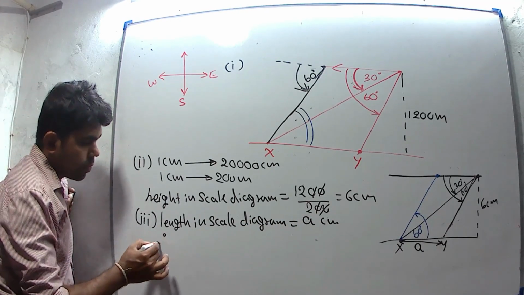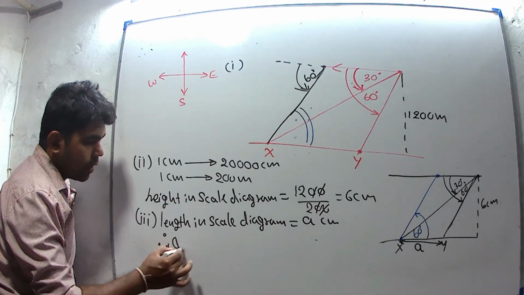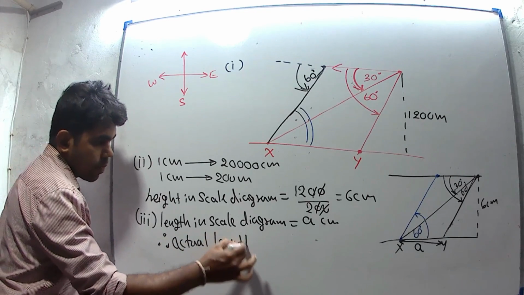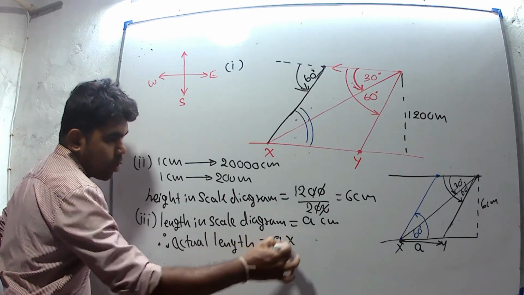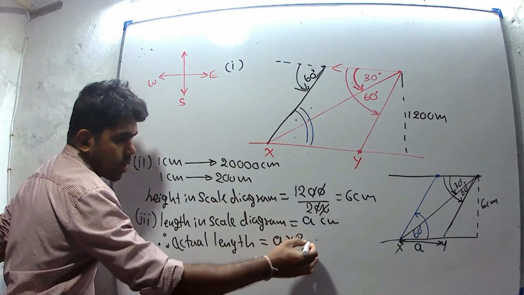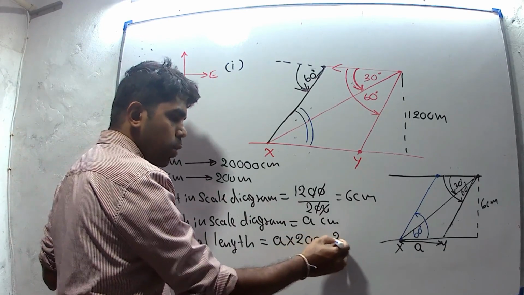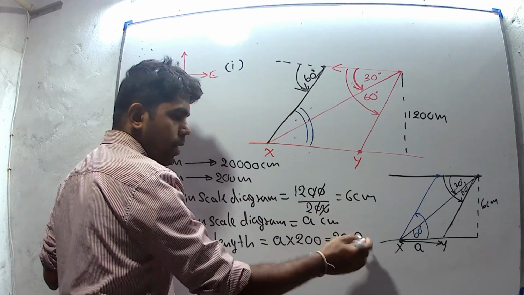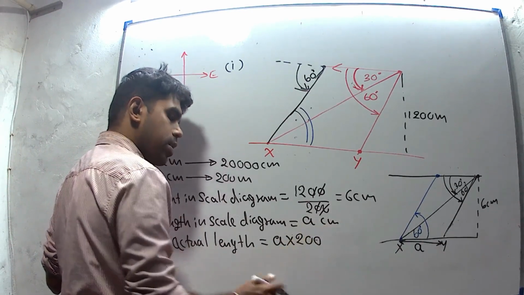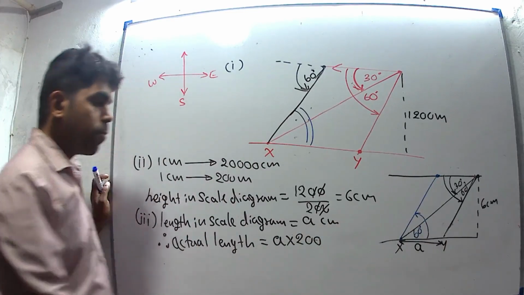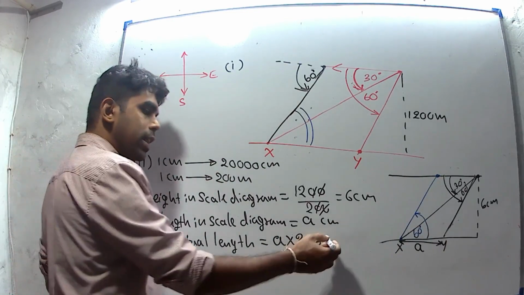Therefore, for the actual length we have to multiply by the corresponding scale. A into 200, it means 200A.